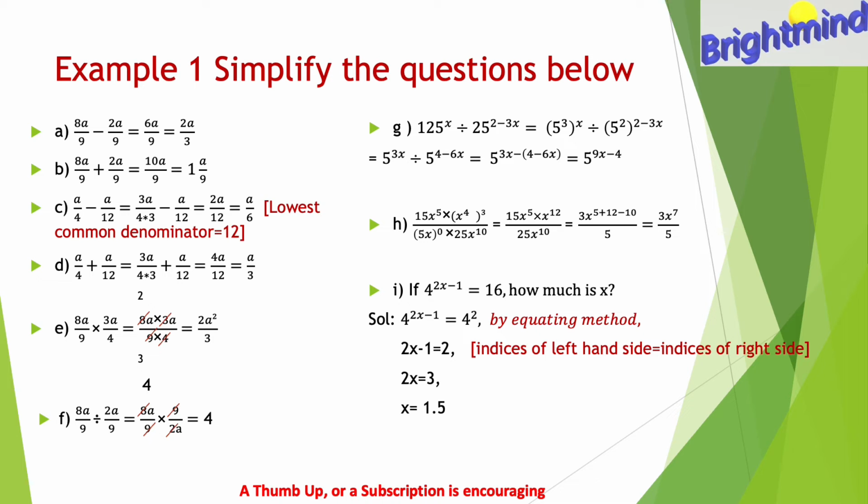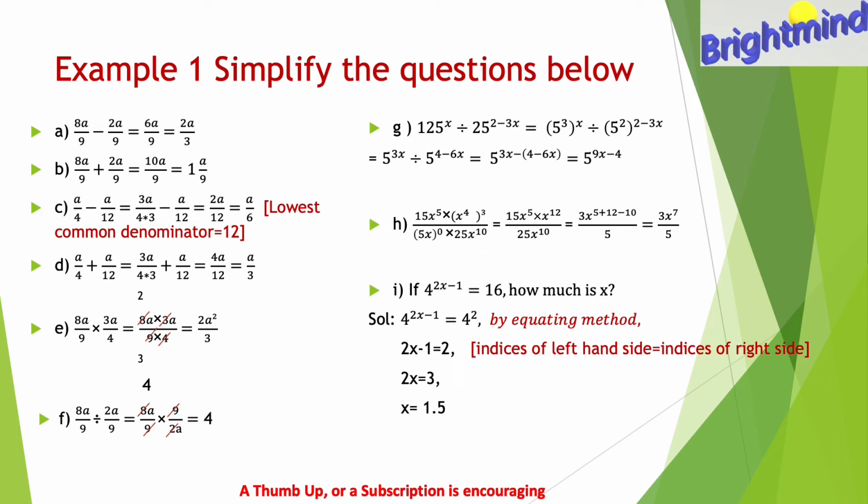I write the power of 3x minus, bracket, 4 minus 6x, bracket. Expanding the bracket, the index part is going to be 3x minus 4 plus 6x. 3x plus 6x is 9x. So the final result is 5 to the power of 9x minus 4.